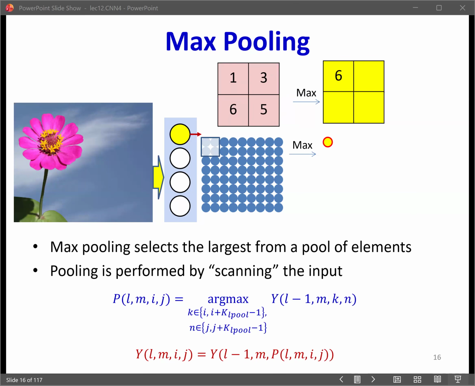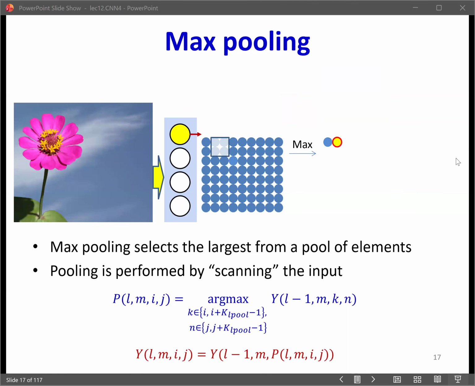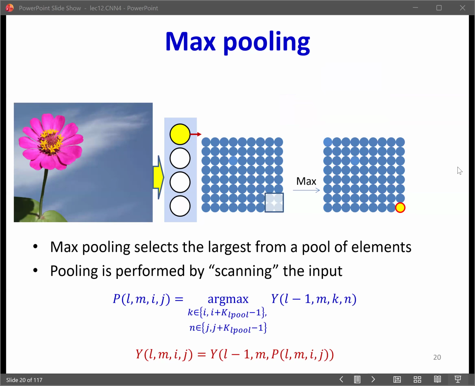Right. And so when you perform max pooling, you'd be looking at a window like this one and just picking the largest value. But the actual operation you performed was to first identify the location of the max and then copy that element over. So we just do that at every position through the input.